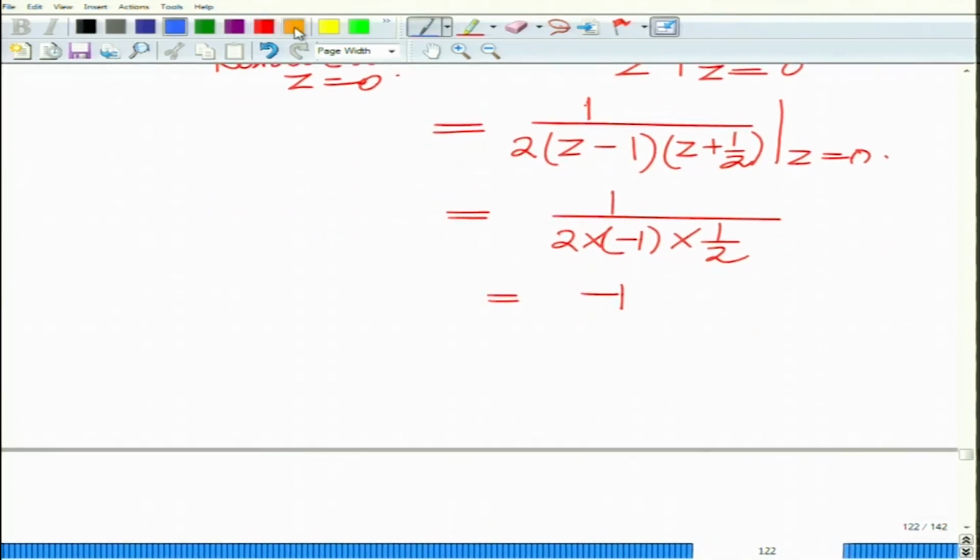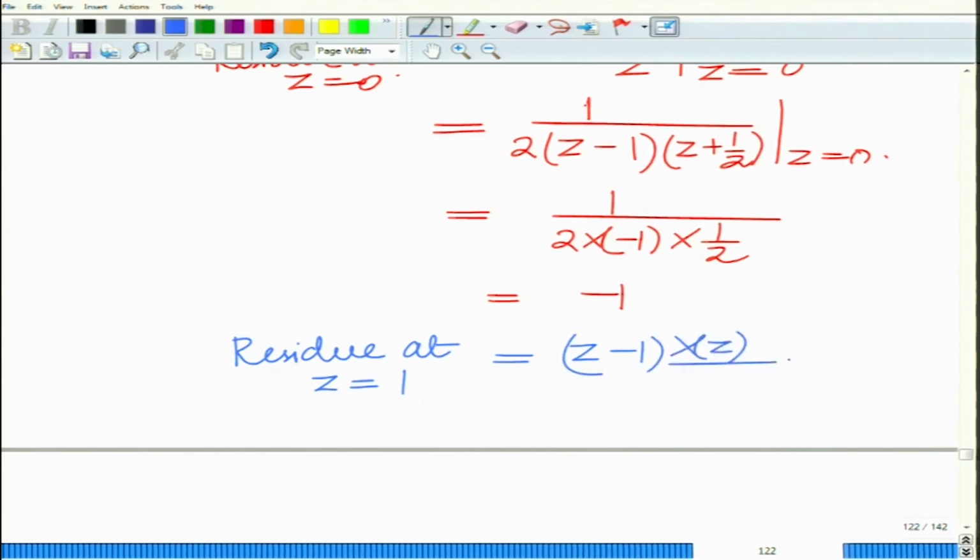Now, the residue at z equal to 1 will be z minus 1 into X(z) over z evaluated at z equal to 1.